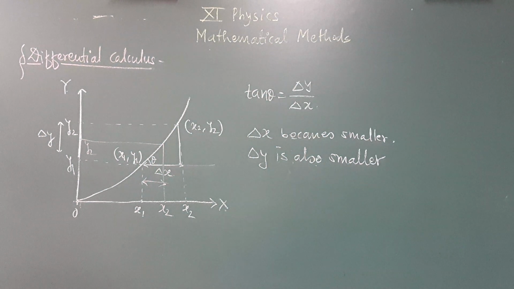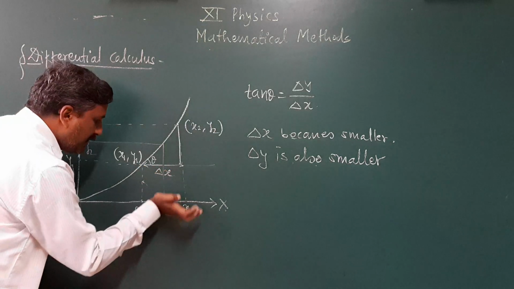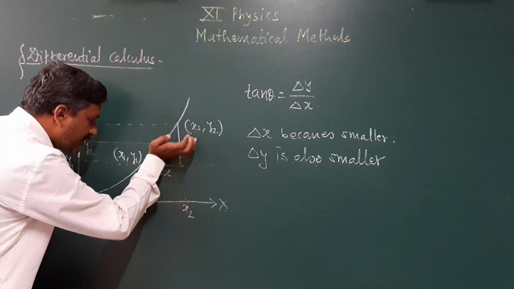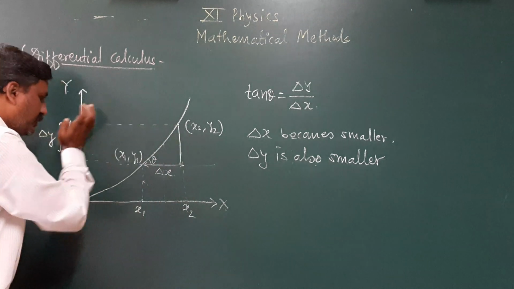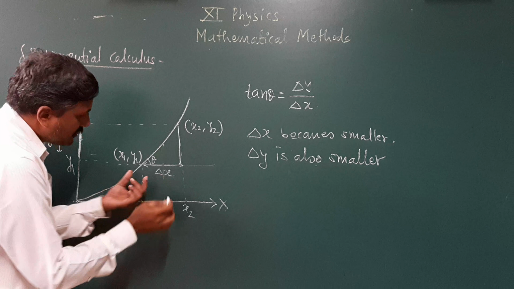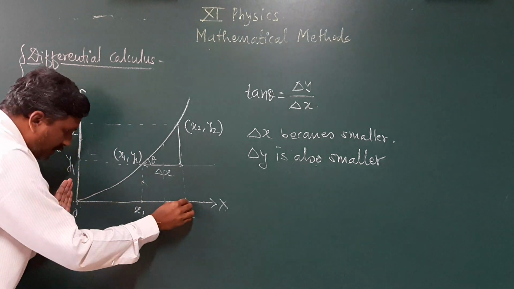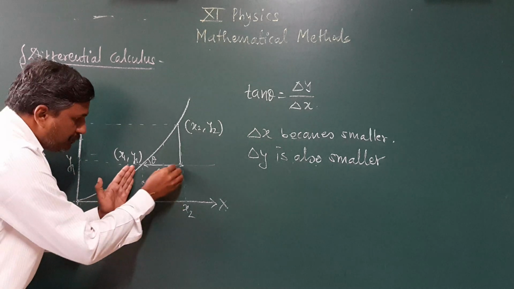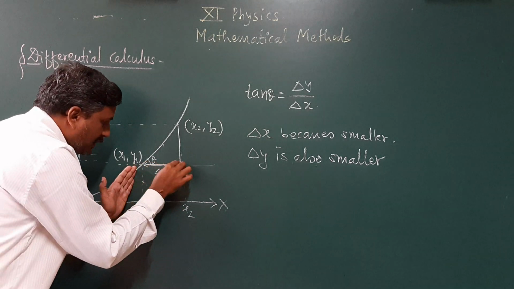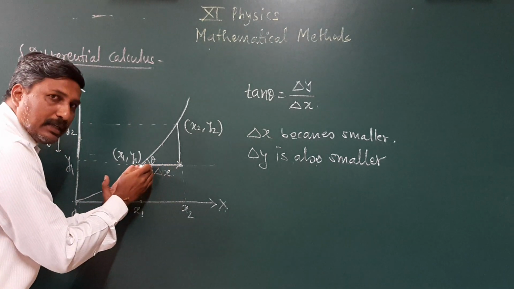Just see once again. As delta x becomes smaller, this is my value of delta x. Okay. This delta x becomes smaller, means x2 shifts towards the origin, means this difference becomes smaller.